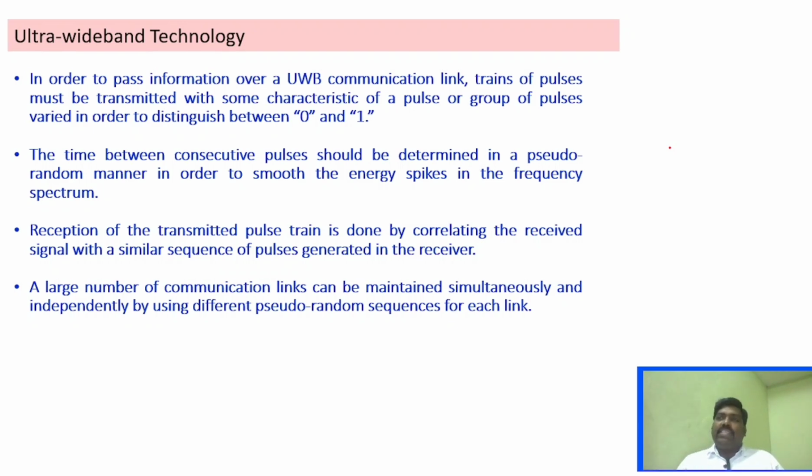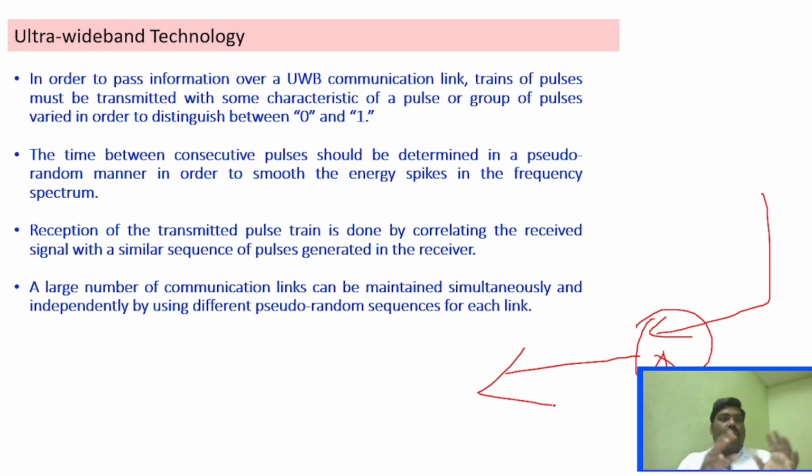At the receiving side, whatever signal is transmitted is received, and the same pulse which we have used on the transmitting side will be used as a reference. Both are compared, and based upon this comparison, we will be able to detect whether the signal is 0 or 1. That is what is explained in this slide.